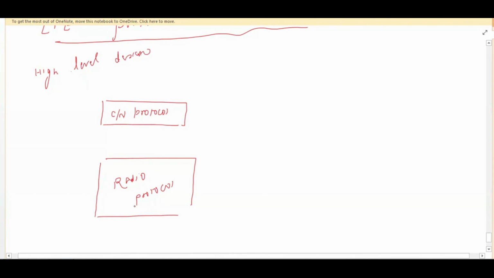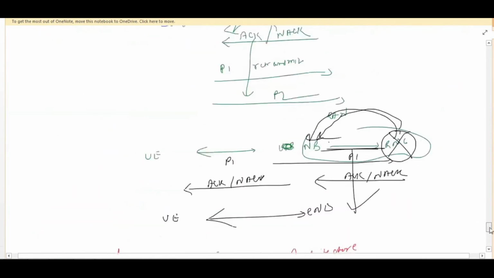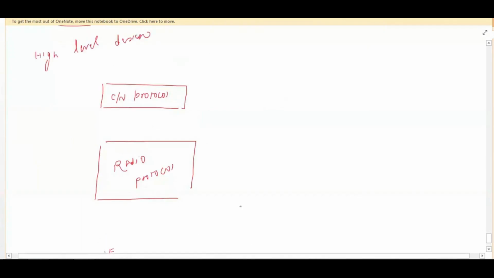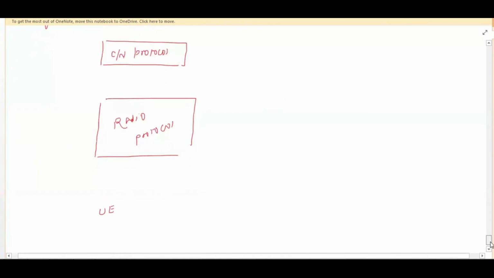Your mobile will have a radio protocol. Why? Because the mobile radio protocol will communicate over the air interface with the RAN. So the mobile radio protocol is used to communicate with the EUTRAN, and just in the beginning of the class I said peer-to-peer communication, same protocol.